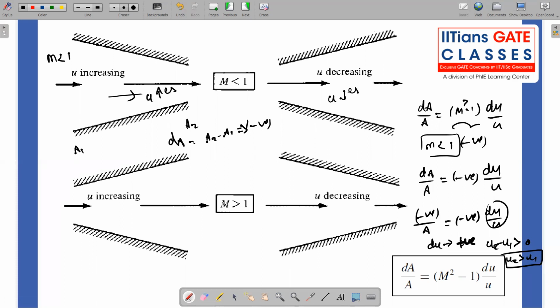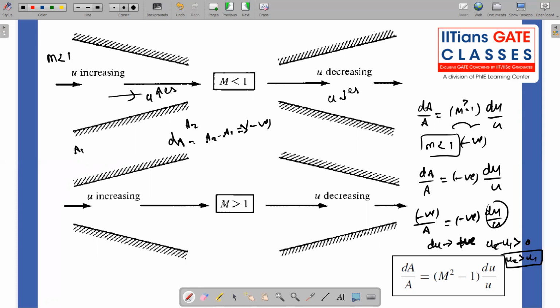The same argument you can do. So this gives you a very interesting physical insight for flow through a duct, supersonic or subsonic. Depending on the inlet conditions, you can actually comment whether the flow is going to accelerate or decelerate. That is why this differential form of the equation was very helpful to understand this flow physics.